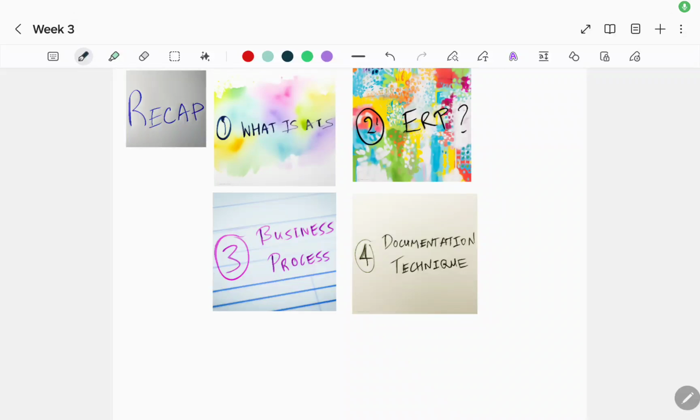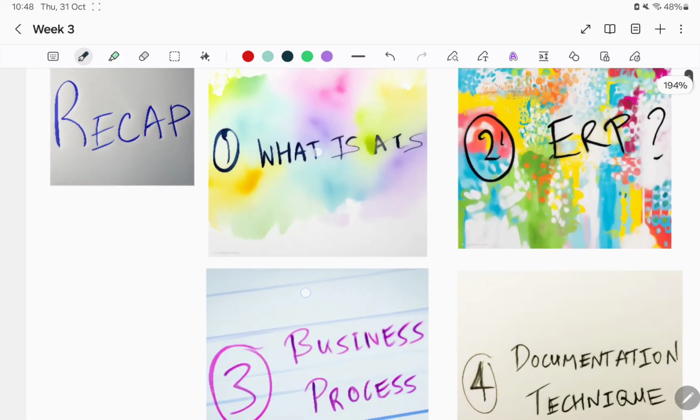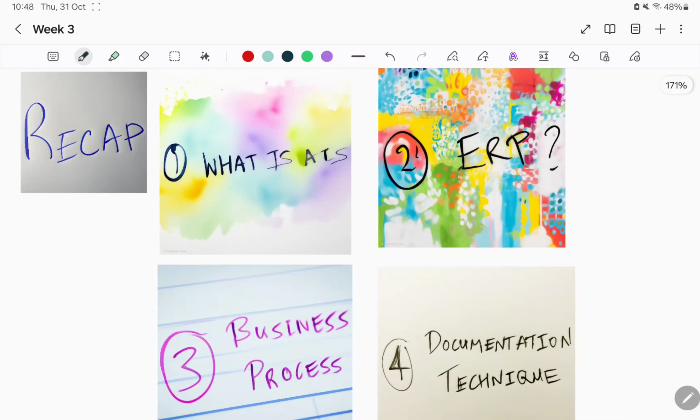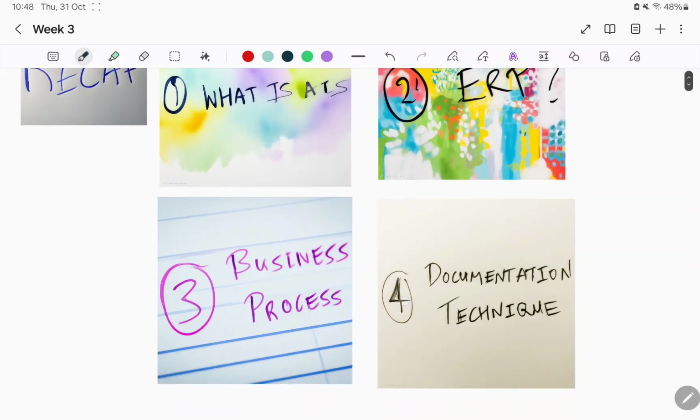Welcome to week 3. As usual, I'd like to start with a recap on the previous 2 weeks. Over here, we can see that we have already learned what is AIS, what is ERP, what is business process, and what is documentation technique.